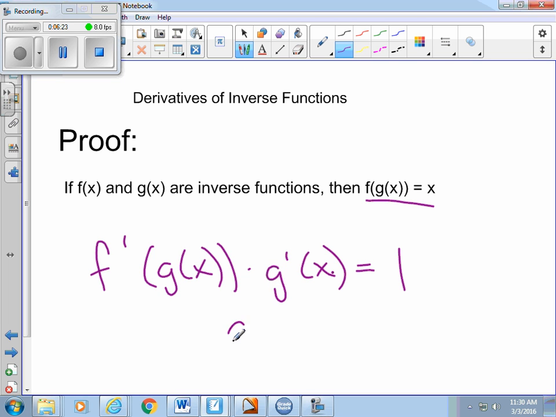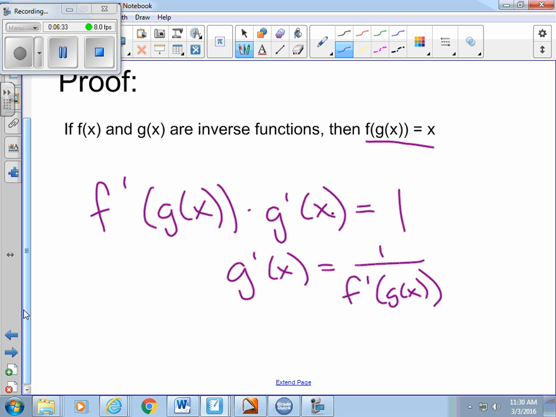So g prime of x is 1 over f prime of g of x. So if I know the derivative of f, I can use it to help me find the derivative of its inverse, g. However, it's not just 1 over f prime of x.